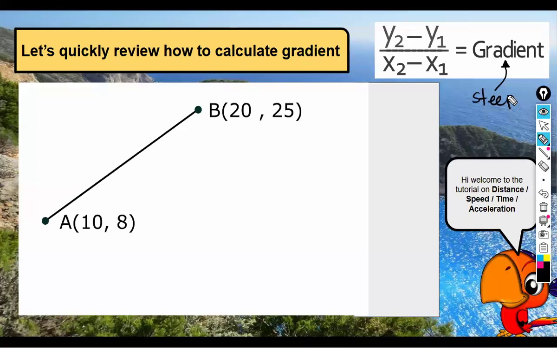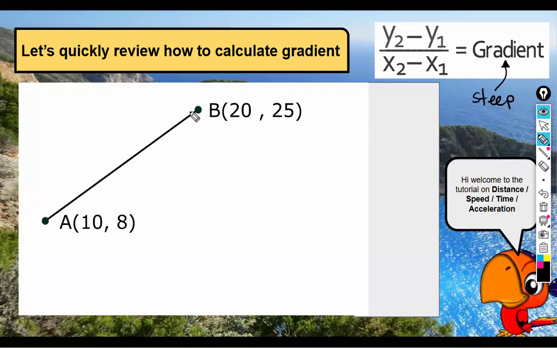So don't let the word gradient get to you. Gradient just means steepness. A very, very long time ago, someone came up with a formula to calculate the steepness of a slope.